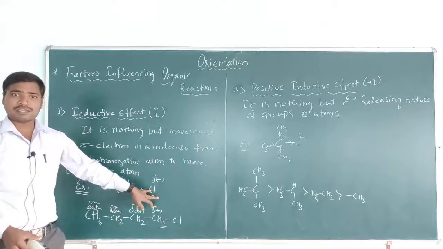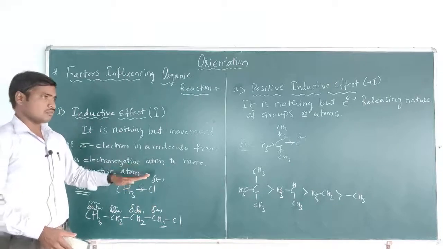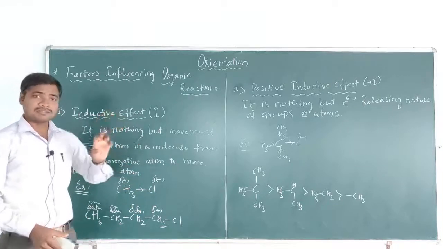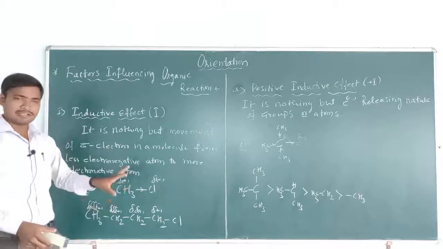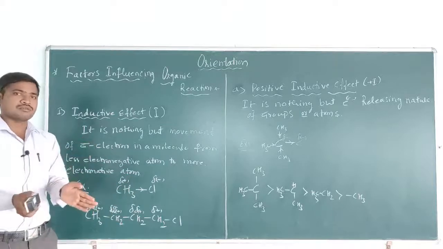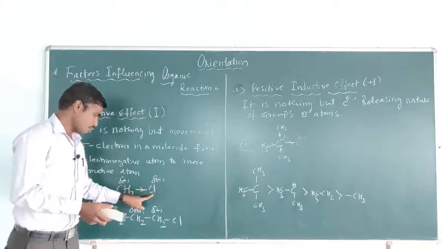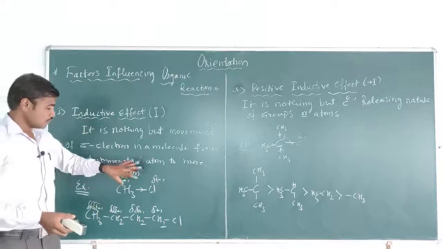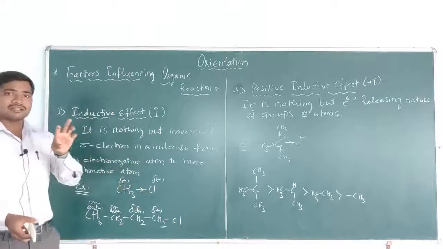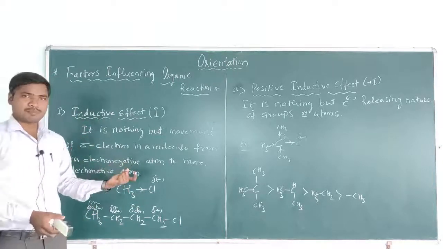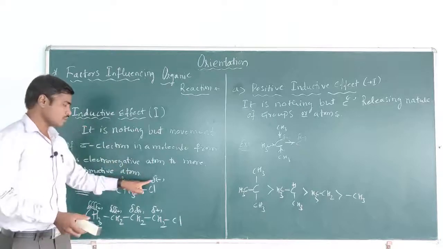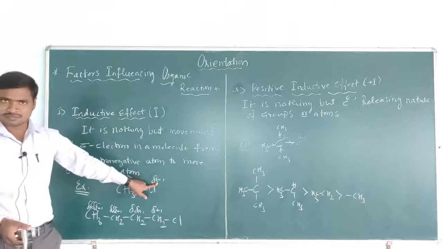That we call electronegativity. So there is a difference in electronegativity between the two atoms, chlorine and carbon, and this molecule generates a permanent dipole moment. Dipole is nothing but the polarity on the atoms.